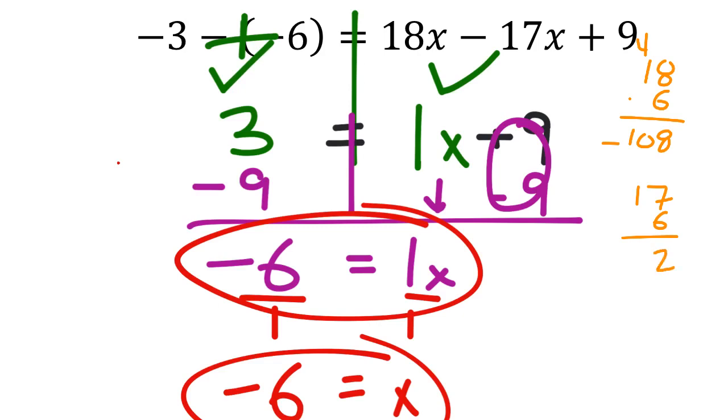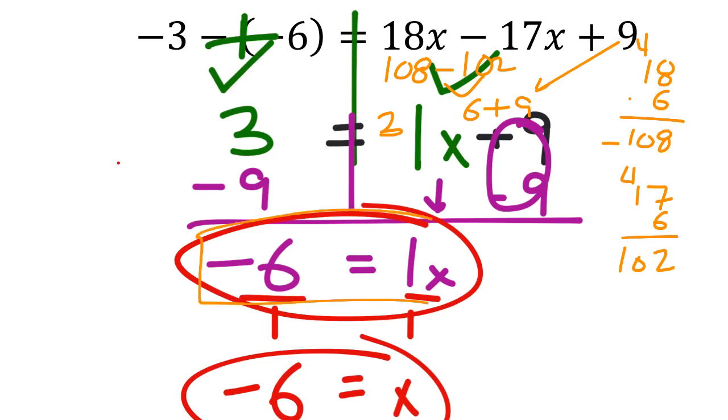So that'd be, there's a 4, 102. So that's 108 minus 102, which is 6, and then plus that 9 right there. So yeah, that checks off. That becomes a 3, which makes this a true statement. So x is negative 6 is the correct answer.